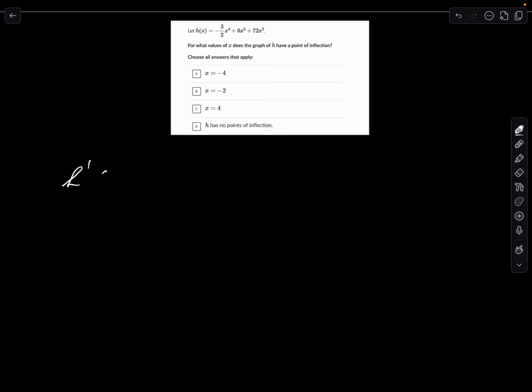Again, the same steps. First we have to find the first derivative, then the second derivative. Quite simple. For the first derivative, we're going to have negative 3 times 4 times x cubed plus 18x squared plus 144x.